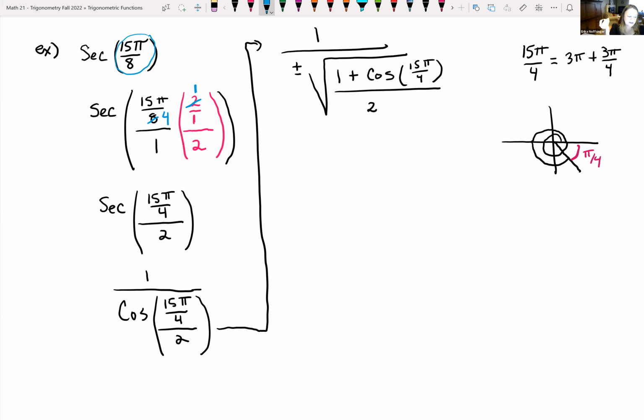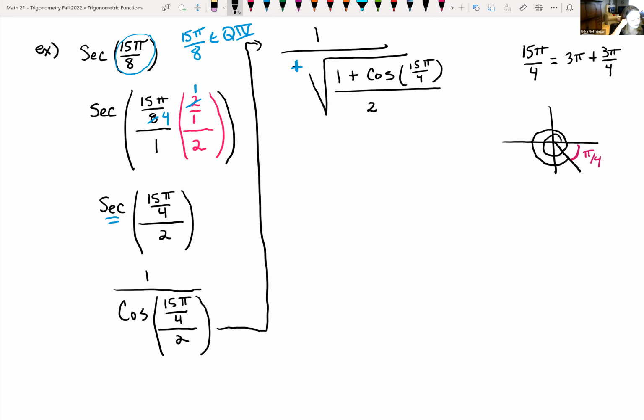So that means I'm in quadrant 4. I'm dealing with secant, which is 1 over cosine. Secant in quadrant 4 is positive. So remove this plus or minus and keep the positive.